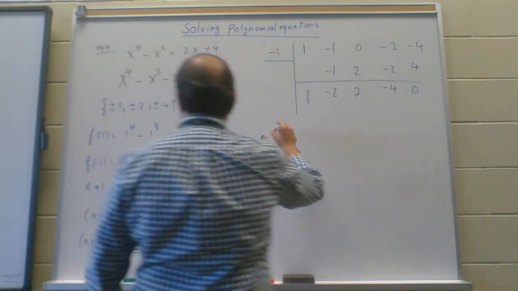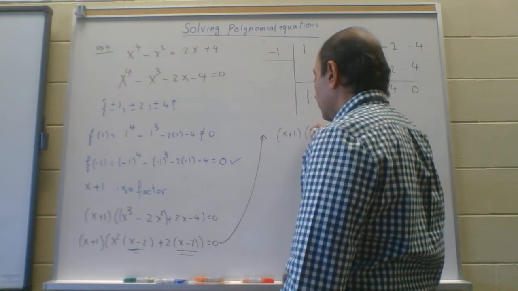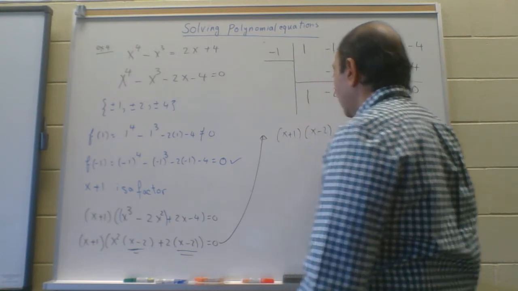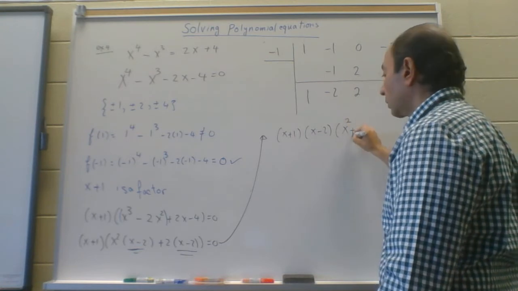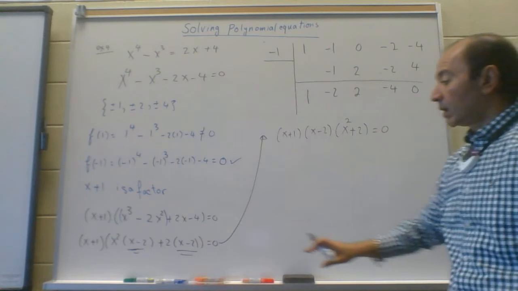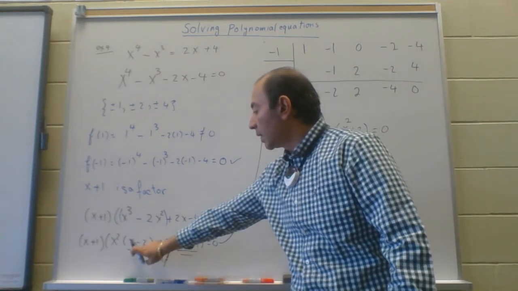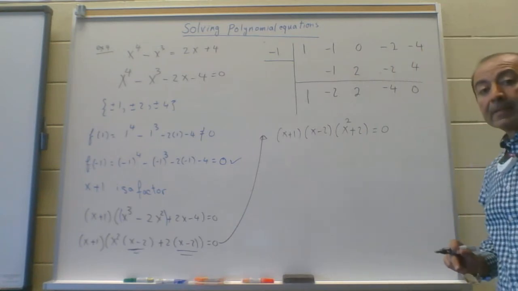So we are going to have x plus 1, x minus 2, and x squared plus 2, and that's equal to 0. I factored x minus 2 out from here, and that leaves x squared plus 2.